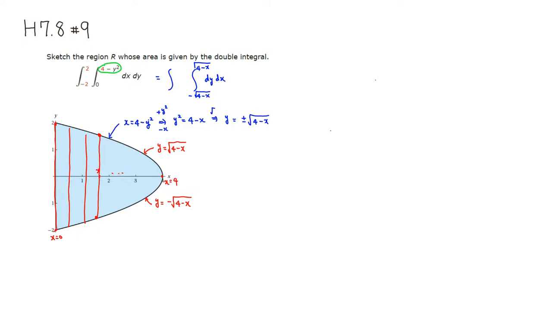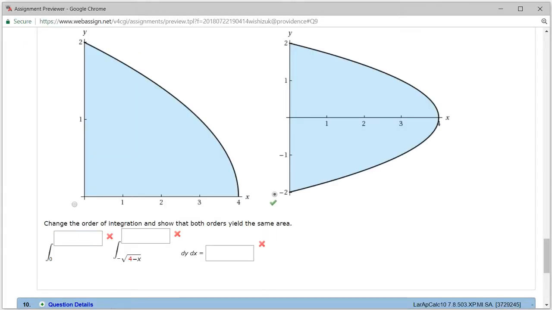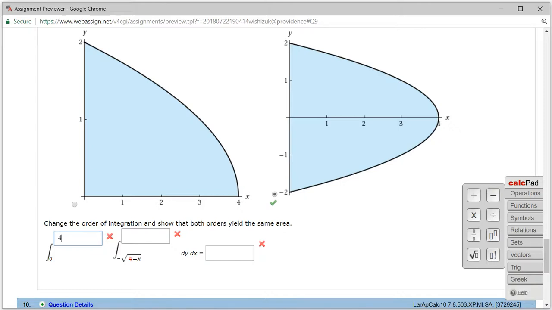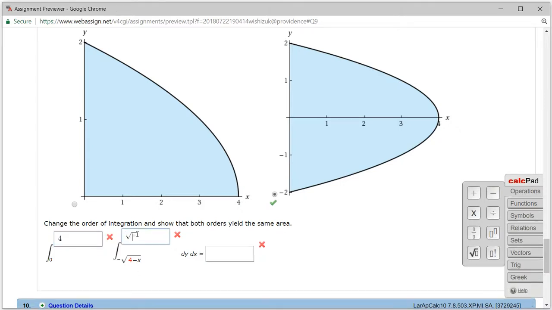So we know that x goes from 0 to 4. Let's type that in. So it goes from 0 to 4, and the inner integral goes from negative square root of 4 minus x to positive square root of 4 minus x. And let's evaluate this.